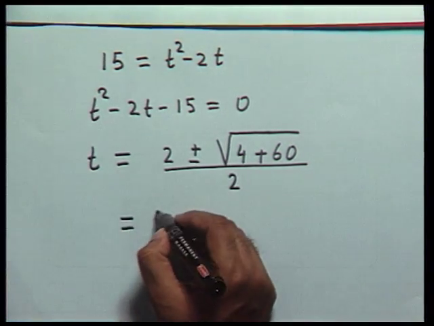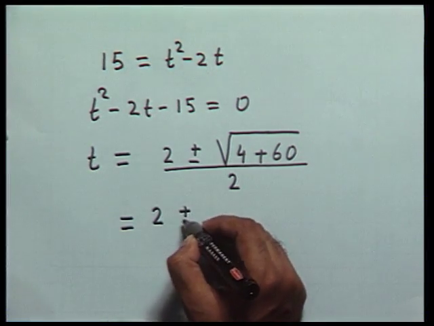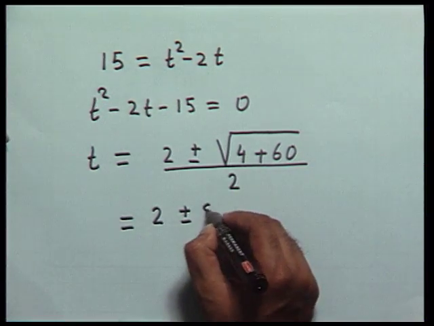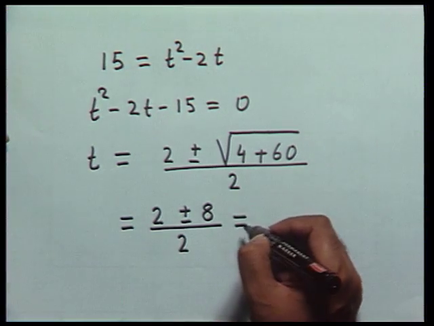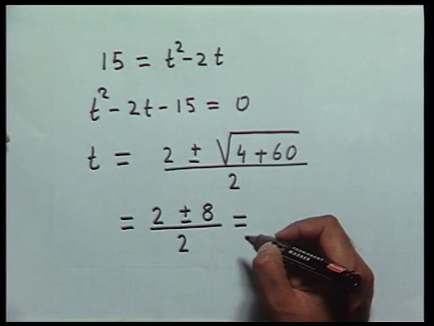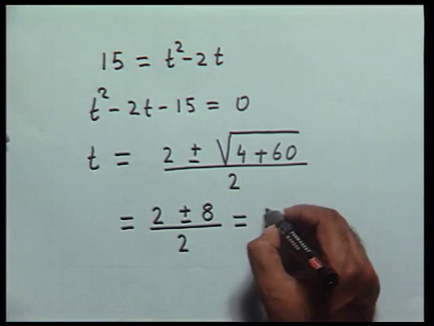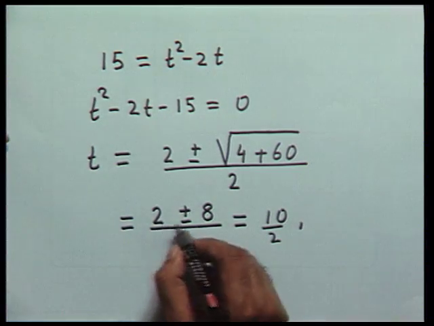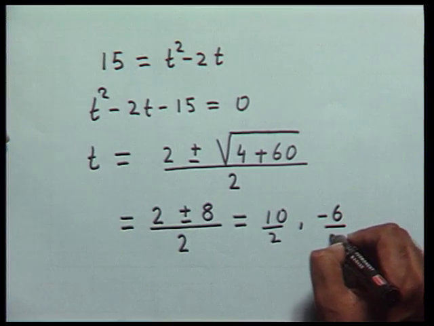That turns out to be 2 plus minus under root of 64, which is 8, divided by 2. That is going to be 10 upon 2, and 2 minus 8 will be minus 6 divided by 2.